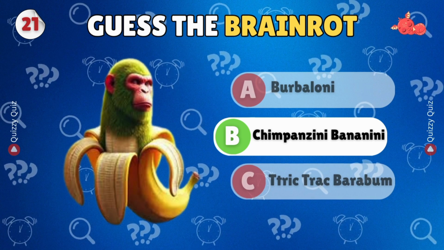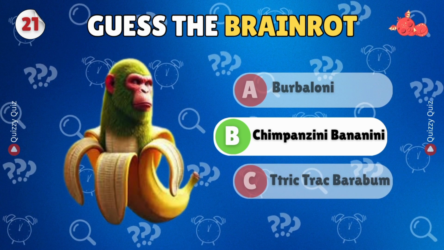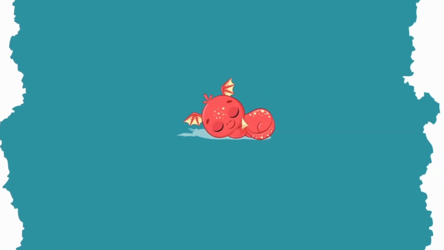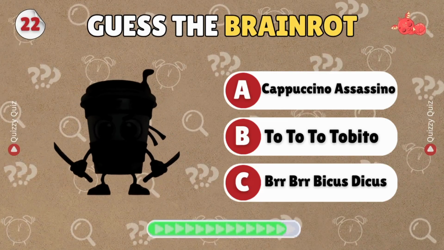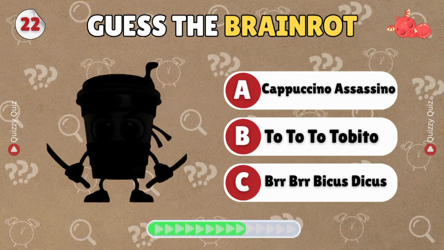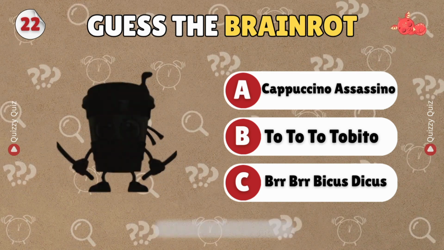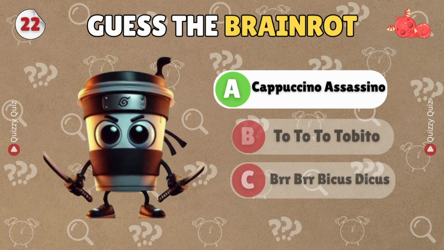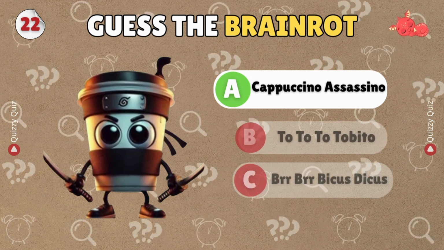It's option B. Chimpanzini Bananini. It should be an easy one. Yes, it's option A. Cappuccino Assassino.